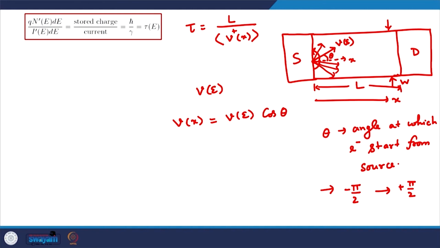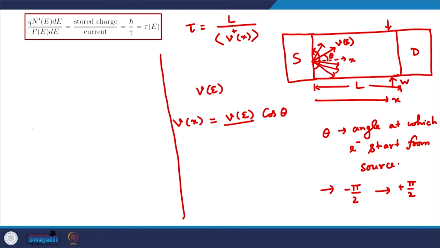Okay. But what is this velocity v e here? What is the velocity with which electrons start from the source side? And here the band diagram picture will be slightly helpful.